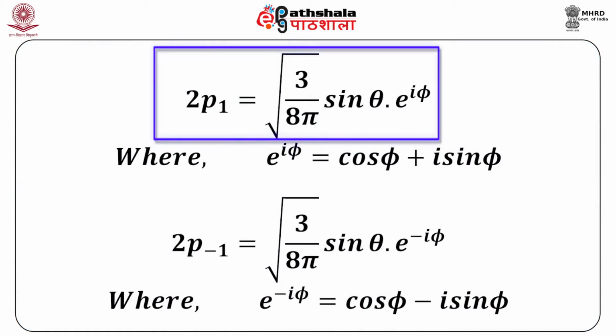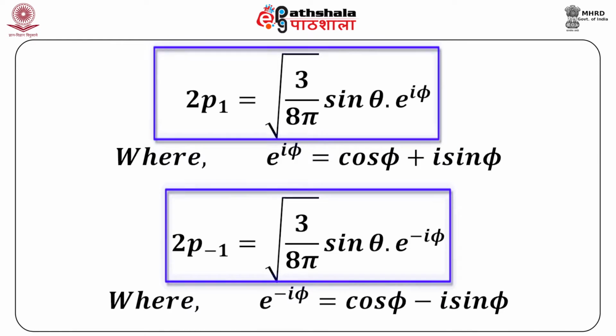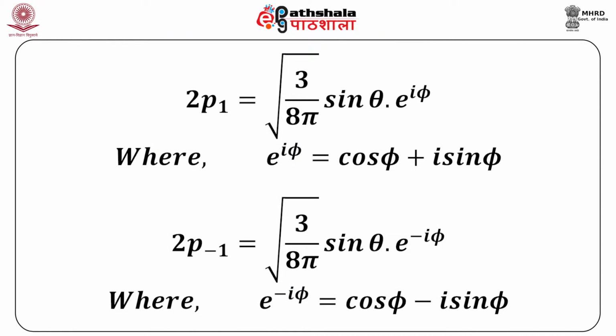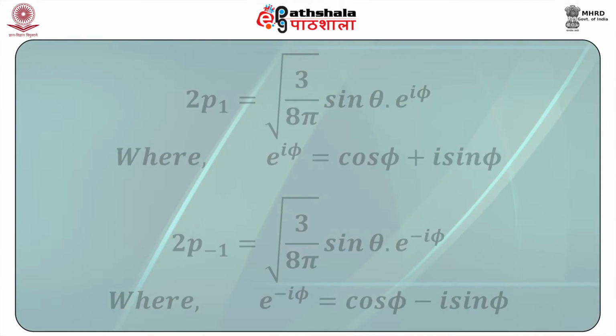2p plus 1 and 2p minus 1 contain imaginary quantities. As you can see here, 2p1 has e to the power iota phi, whereas 2p minus 1 has term e to the power minus iota phi. So imaginary quantities will have no meaning, but these two orbitals basically correspond to degenerate energy state.